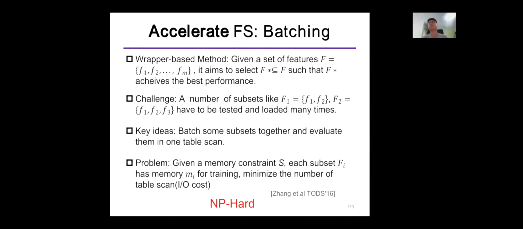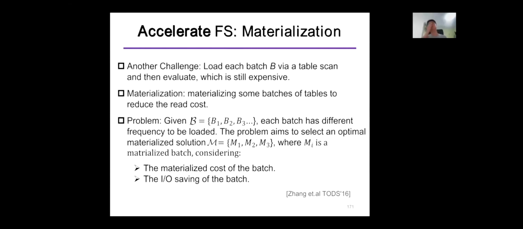Totally we have a memory constraint S and we aim to batch some subsets together and evaluate them in one table scan. The optimization goal is to minimize the number of table scans, which is an NP-hard problem. Even if we have a batching technique, we have another challenge: we have to load each batch via table scan and then evaluate, which is still expensive.